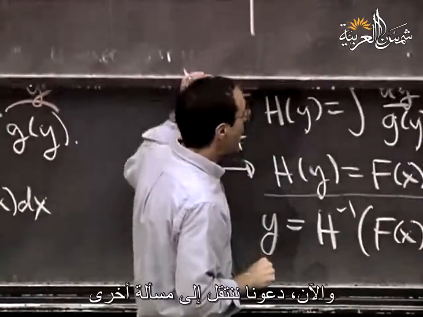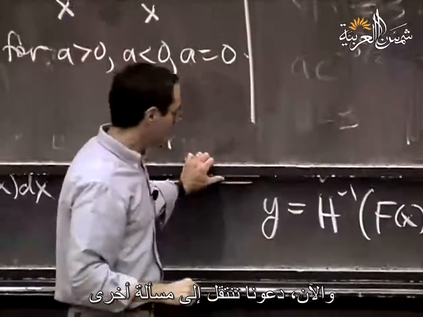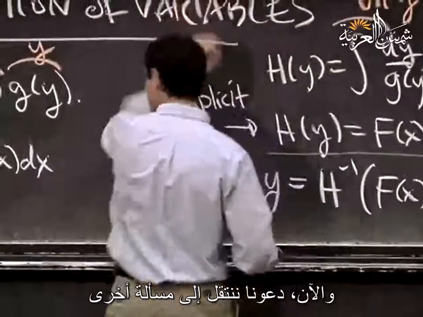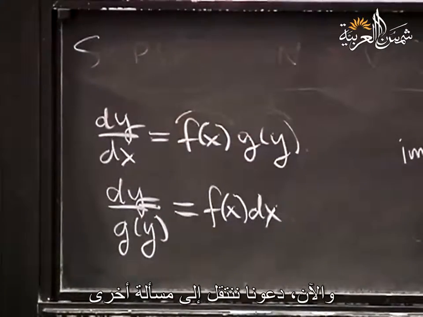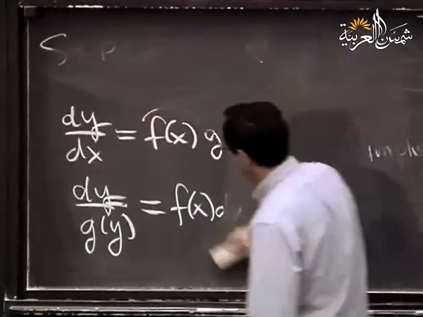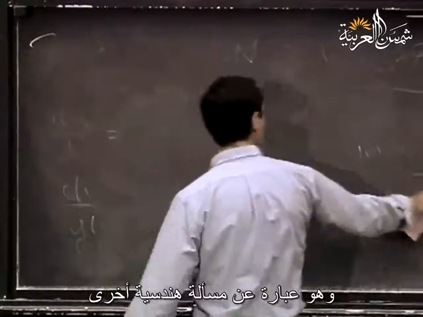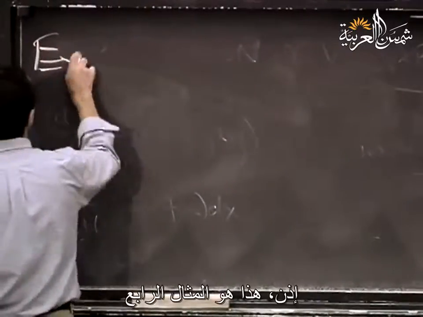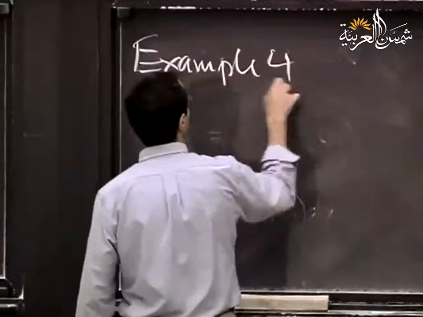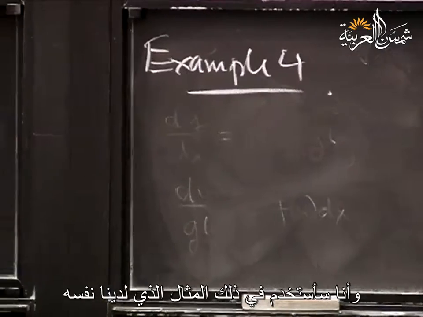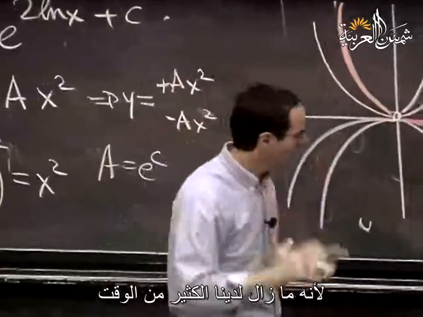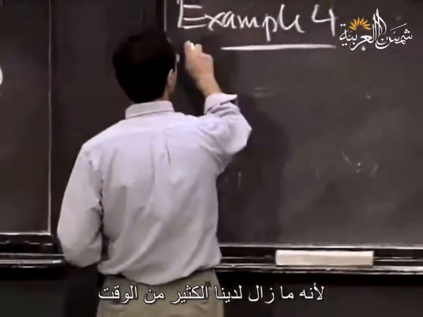All right, so now let me say our next problem, next example, just another geometry question. So here's example 4. I'm just going to use the example that we've already got because there's only so much time left here.